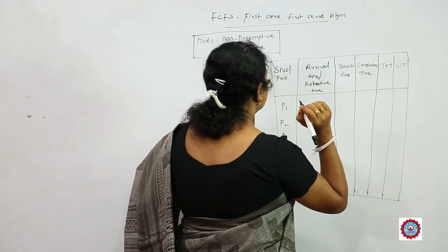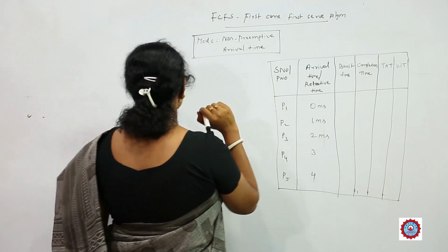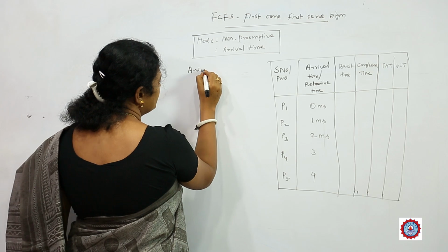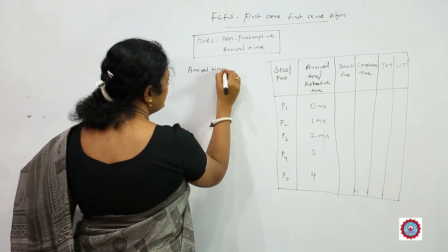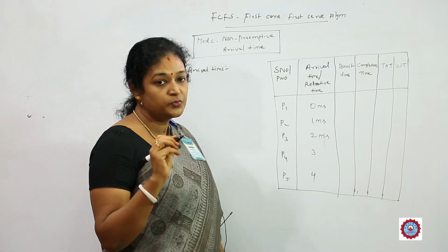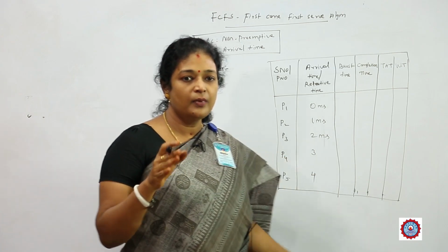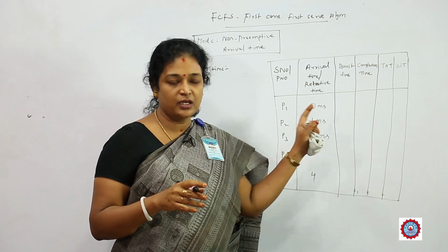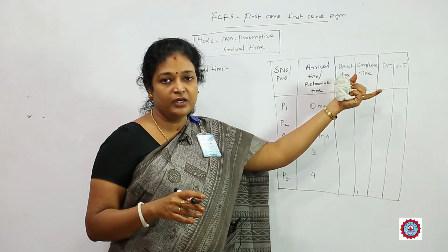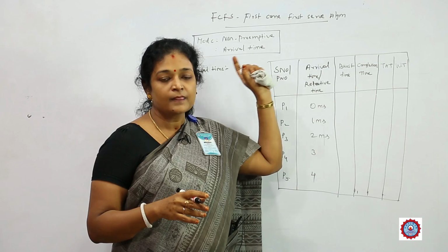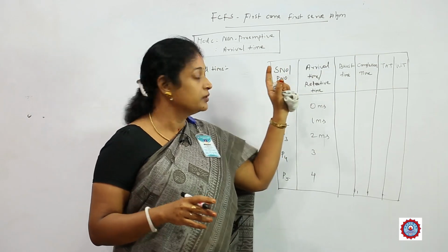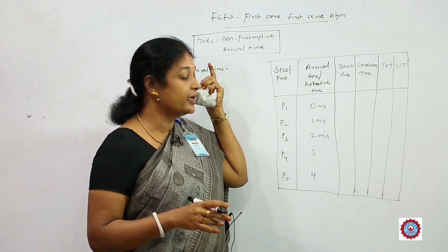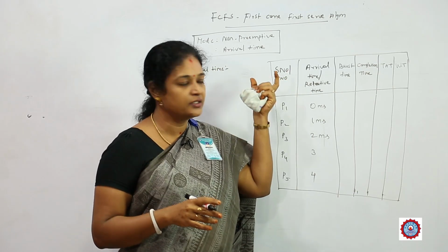Now, let me write the definition for arrival time, because guys, you must write down the definitions for each of the terms, because you will be awarded marks for each of the definitions. Although you are supposed to calculate all these time intervals using the Gantt chart, it's very important for you to write the definition for each of the terms.